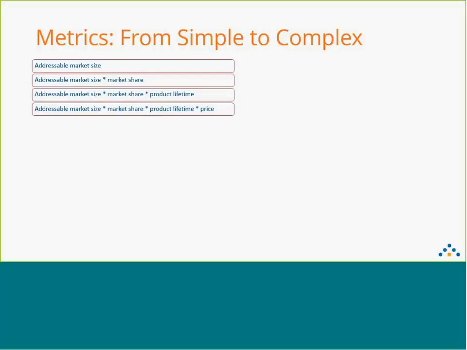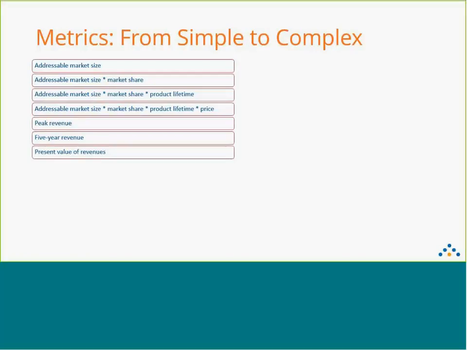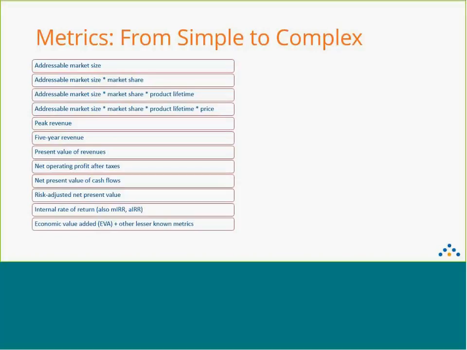And then from that set of metrics, we can look at revenue-based metrics such as peak revenue, cumulative revenue, 5-year revenue, even a present value of revenues. And from there, we can add the cash flow-based metrics, and then several metrics in addition to NPV that also rely on cash flow.